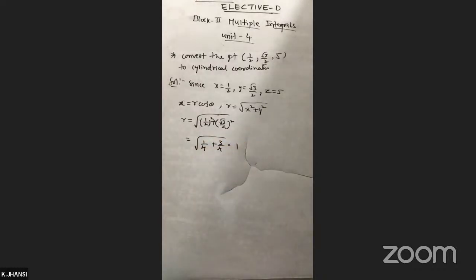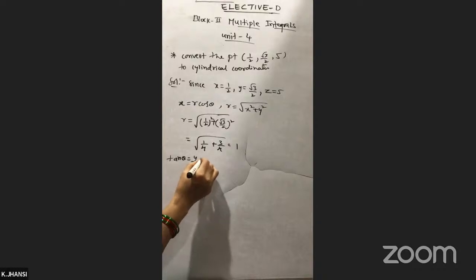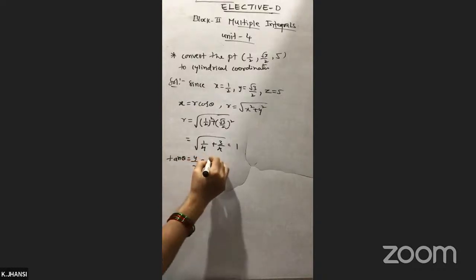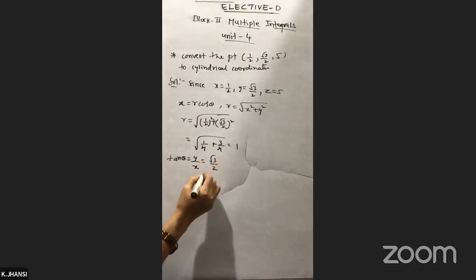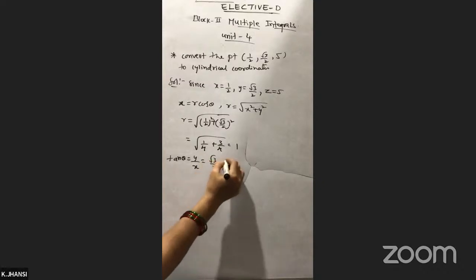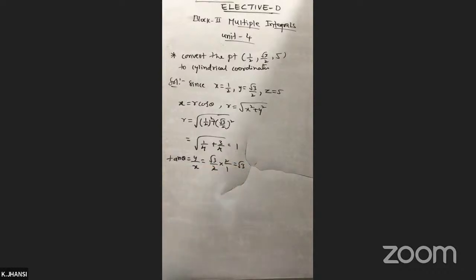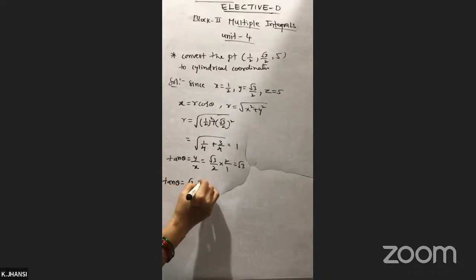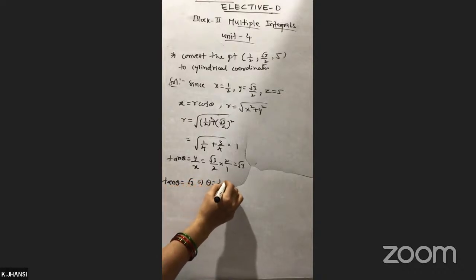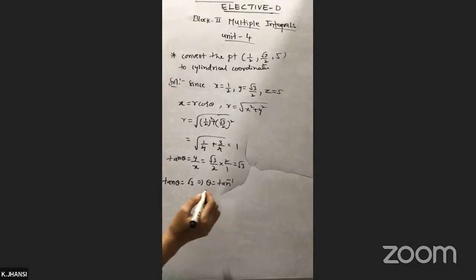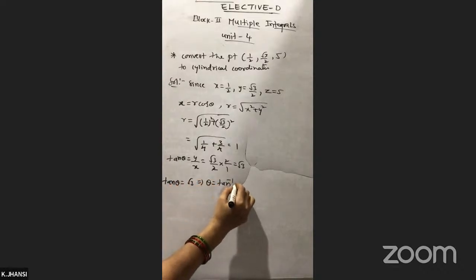Okay. And we have one more relation, that is tan theta equals y by x. So what is the y value? Root 3 by 2, and x is 1 by 2. If we take the reverse, 2 by 1, the 2s get cancelled. It is root 3. Okay. So tan theta equals root 3 implies theta equals tan inverse root 3.